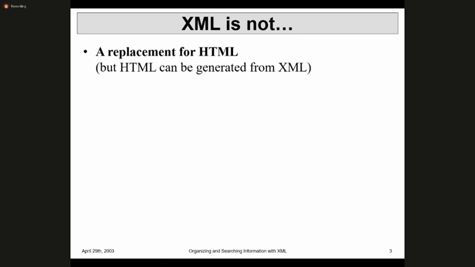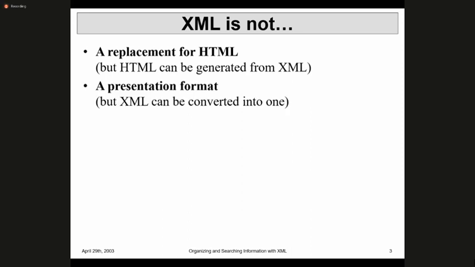But you can use XML to generate HTML websites. By using XML, you can generate HTML pages, but XML is not a replacement for HTML. And XML is not a presentation format. So what it says is XML is not a presentation format, right?